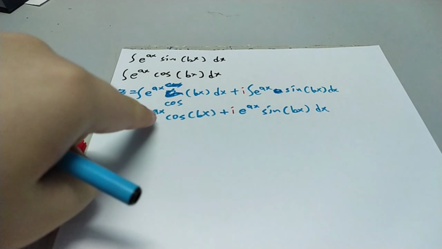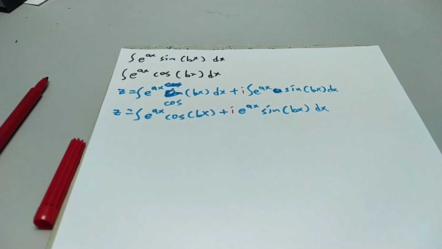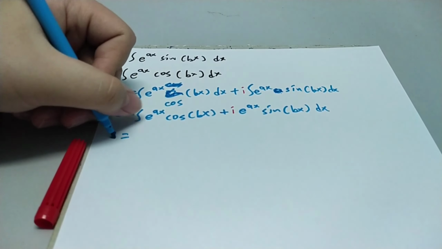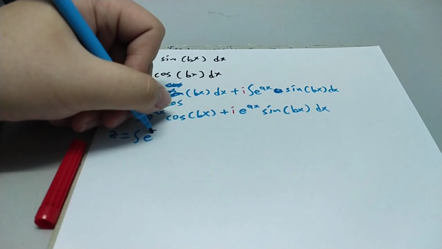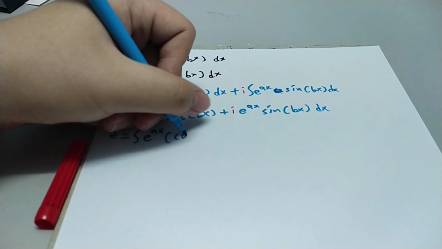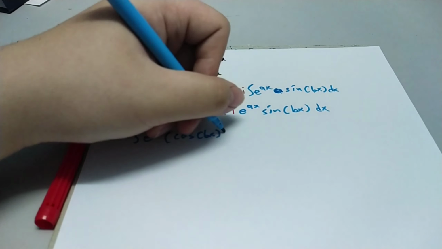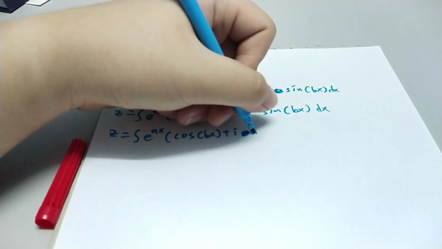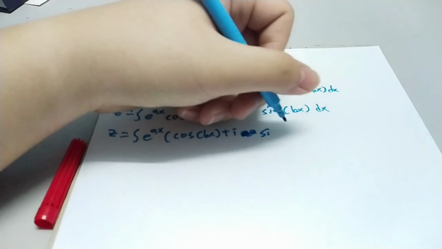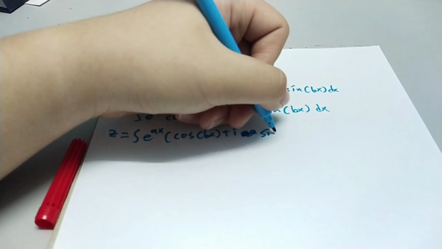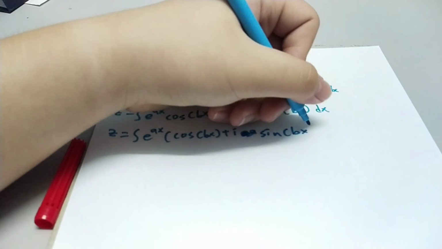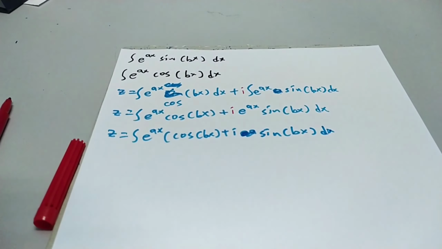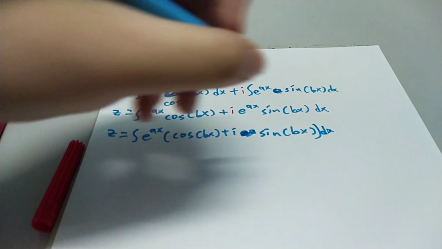And then what we can see right here is we can factorize the e power of ax out. So I will have the integral of e power of ax times the bracket cosine of bx plus i times sine of bx, dx, and then close bracket of course.